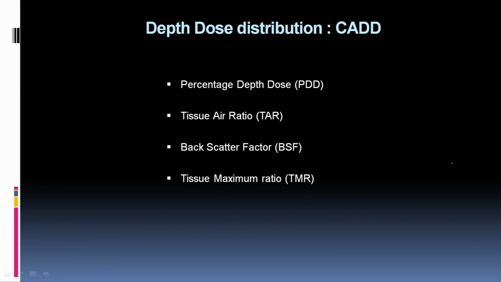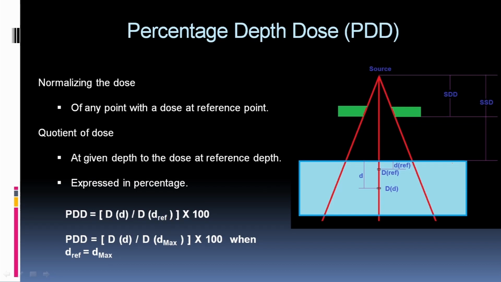Now, these are the central axis depth dose parameters. First one is percentage depth dose, PDD, then the tissue air ratio TAR, the backscatter factor BSF, and tissue maximum ratio TMR. Now, percentage depth dose is the normalizing of the dose at any point to the dose at a reference point.